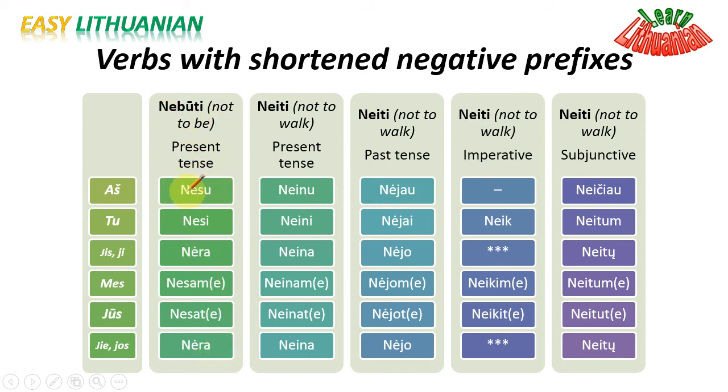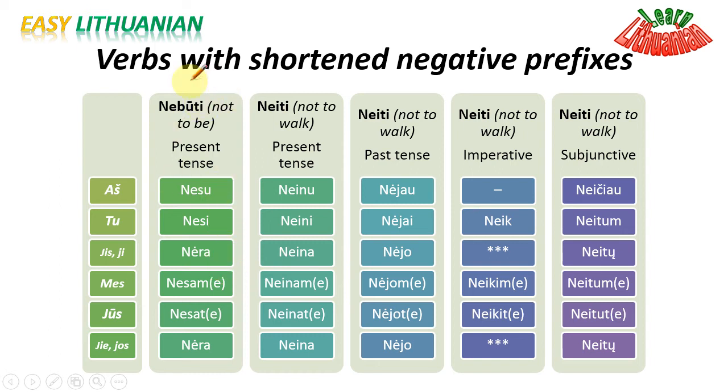You only add n, and the third person for to be is yra with y, and the negative is nėra. So somehow ne and yra change to nėra, perhaps due to convenience when pronouncing.